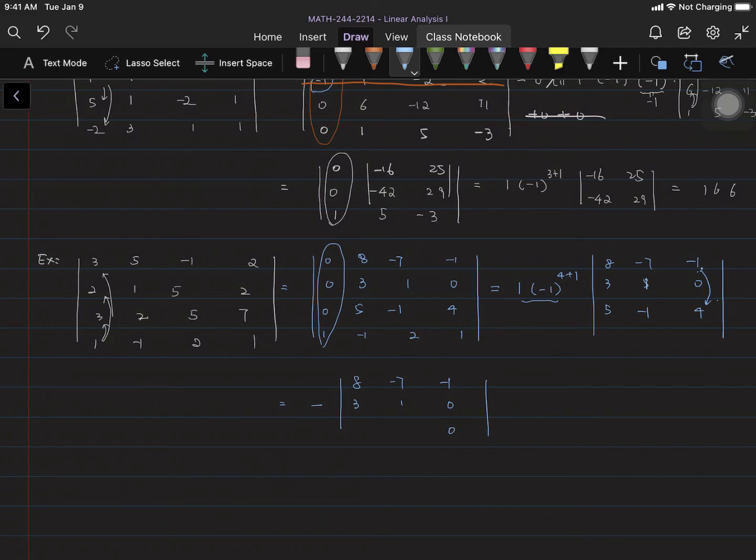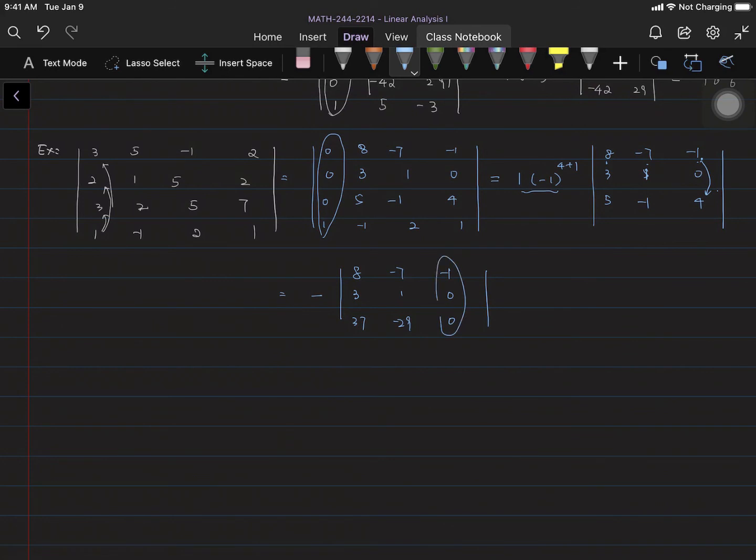Here this will be 0. Negative times 4, so negative 20. Okay, times 4. 37, and this times 4, negative 28, negative 29. Okay, and let's see, I'm going to use this column to expand. So it's negative times negative 1, and the cofactor is negative 1 to the power 1 plus 3, and times the numbers like this one: 3, 1, 37, negative 29.